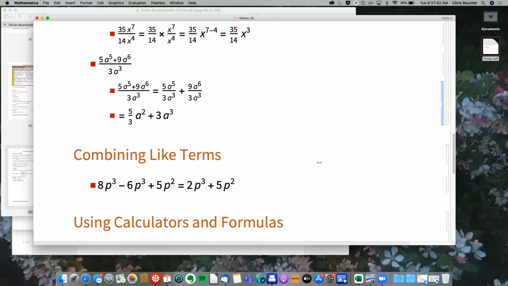All right, so as we just said, like terms have the same variable and the same exponent. You may find yourself faced with a whole string of terms where some of them are like and some of them are not like.